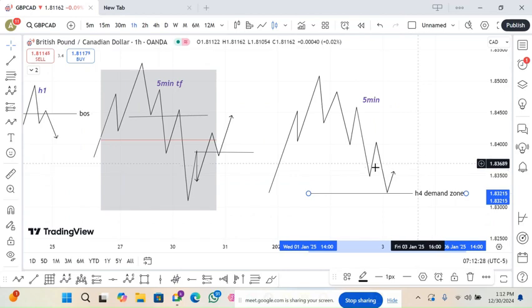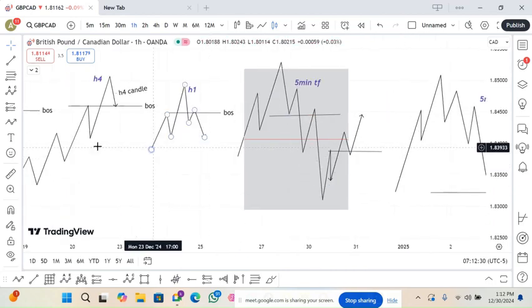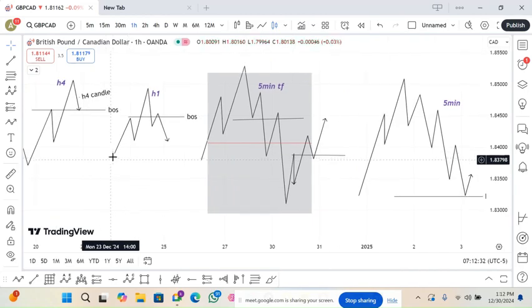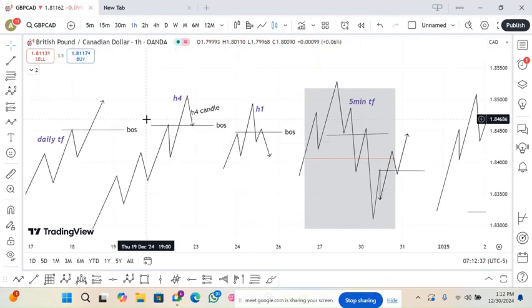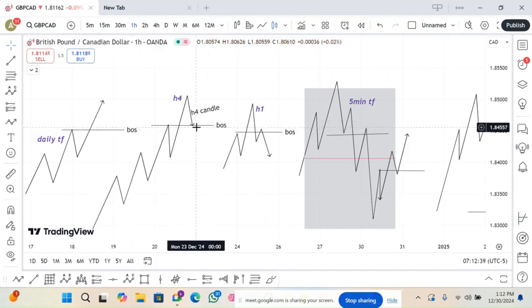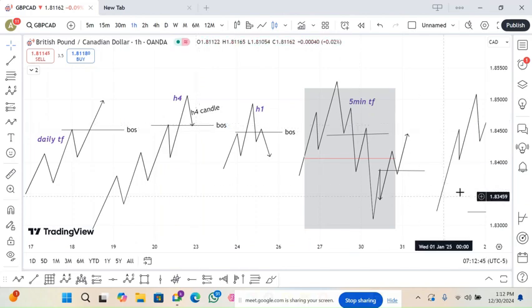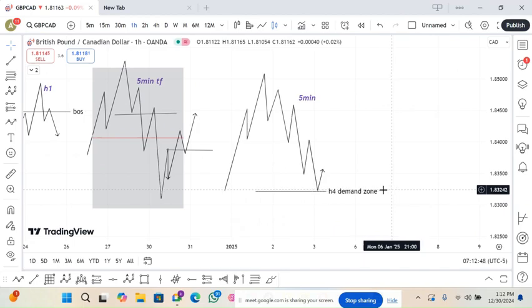So now, where is the H4 demand zone? This is it here. Please, can everybody see it? This H4 demand zone, this area here. So in 5 minutes, this is the demand zone here as illustrated.